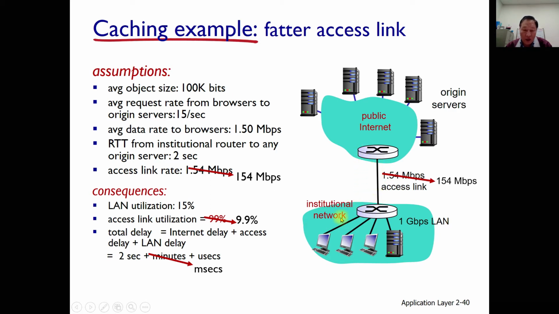The result, consequences here. LAN utilization will drop a lot like this. That is simply 15 requests every second. There's the average data rate to browser. If we multiply this one and divide it by this one, then that will be below 10%.